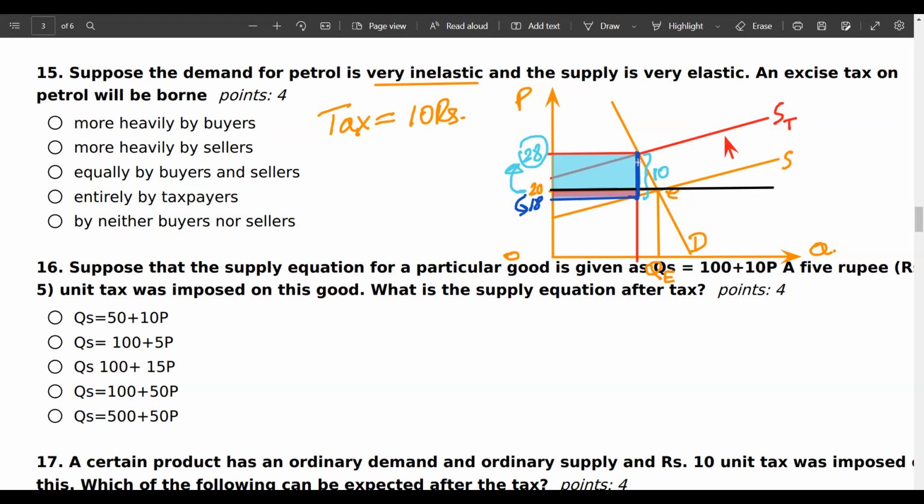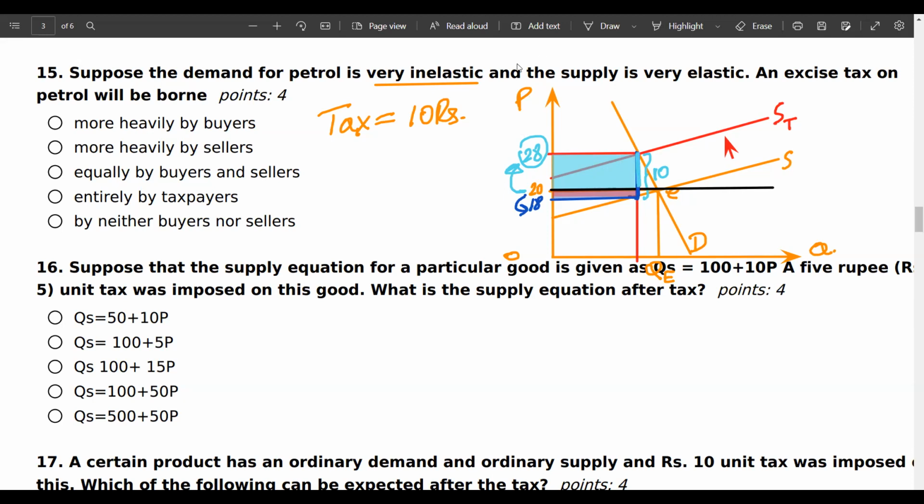And if you look at the tax amount, see which part is above the black line and which part is below the black line. The part that's above the black line, remember, is the consumer's burden of tax.